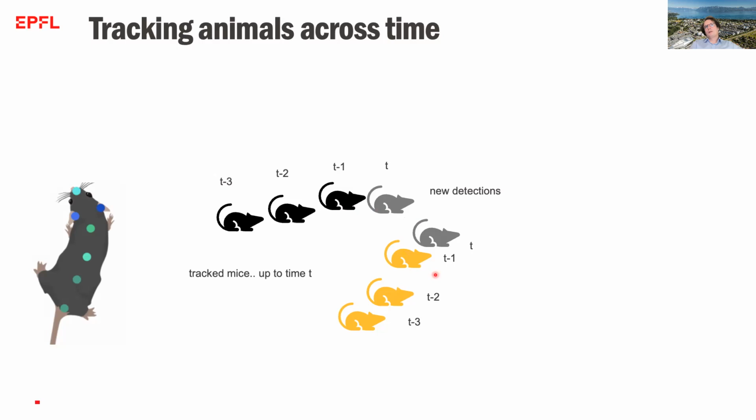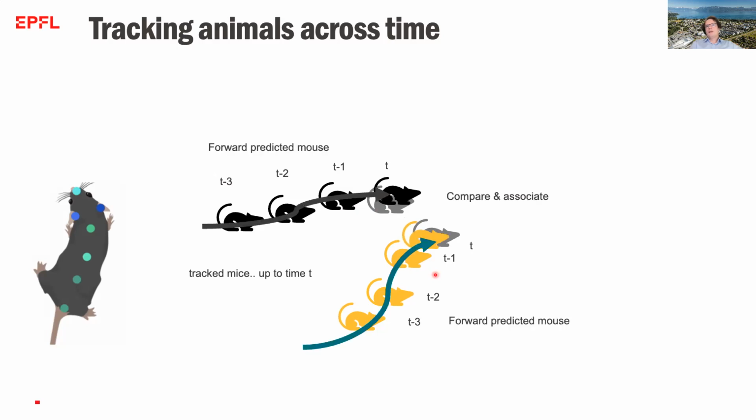And so what we do in DeepLabCut is we forward predict for each one of the past tracked mice the most likely location. So here would be the most likely location for this yellow tracklet, and here would be the most likely location for the black tracklet. And then we compare and associate the new detections to the forward predicted one that is closest.